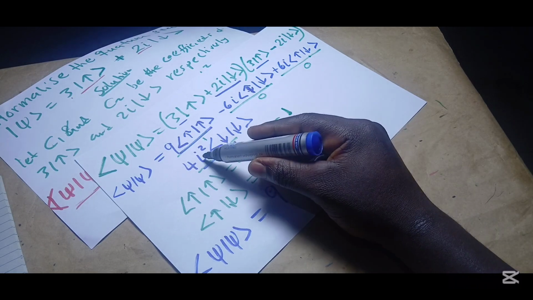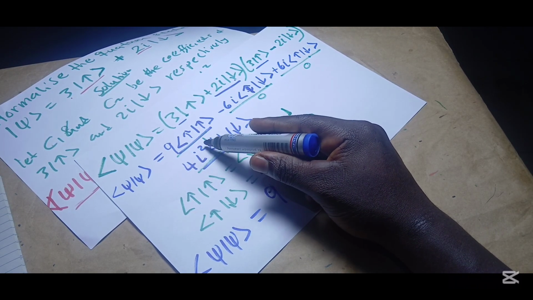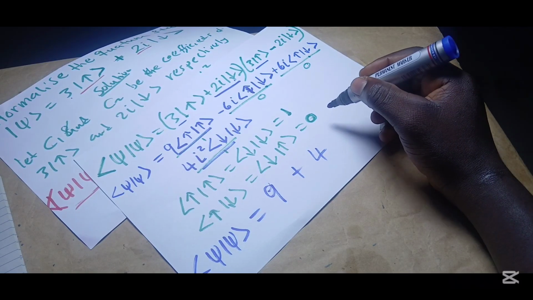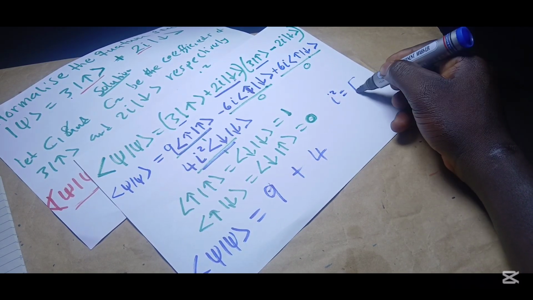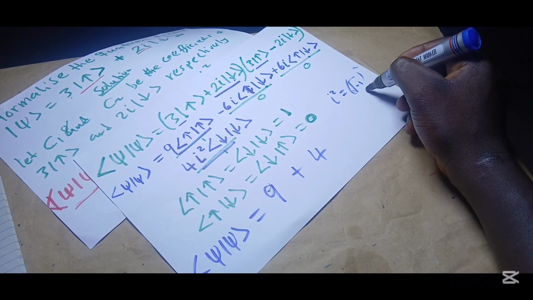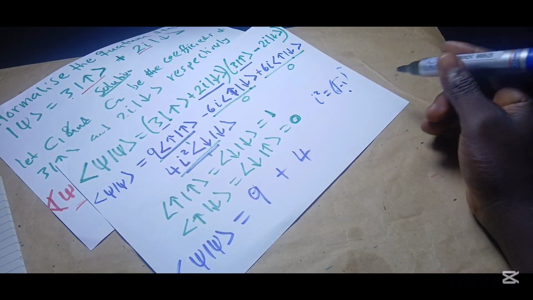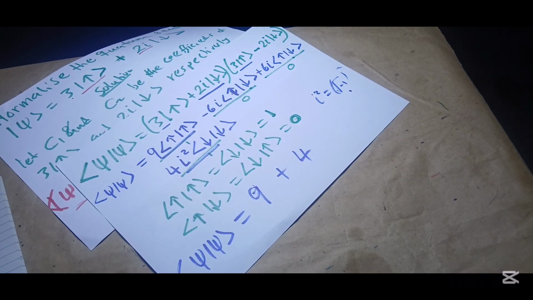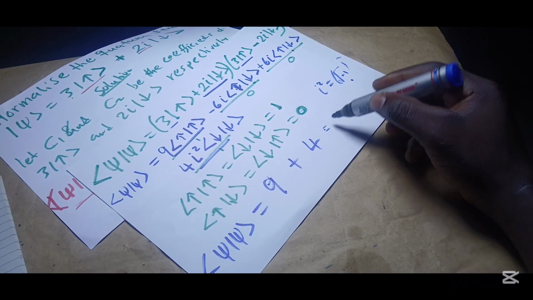Even though we have this term here to be 4i squared, mostly we are interested in the positive part. We know that i squared will be equal to the square root of minus 1, all squared, so giving us minus 1, which will affect 4, but we are interested in positive values. So this is going to give us 9 plus 4, which is 13.